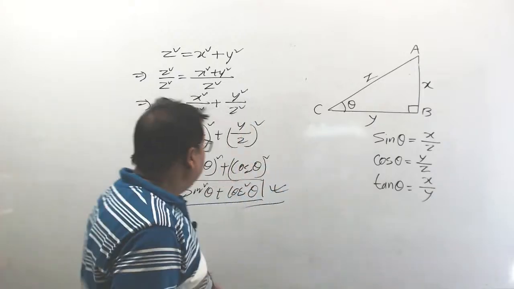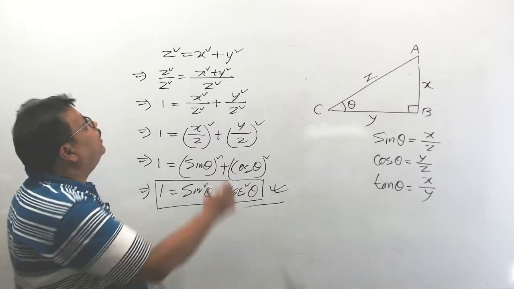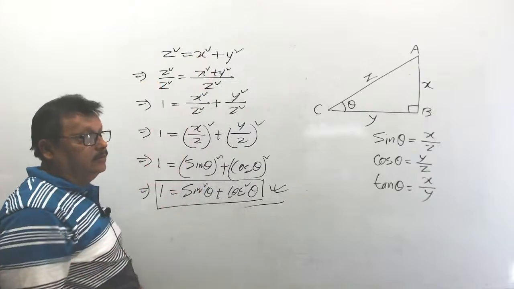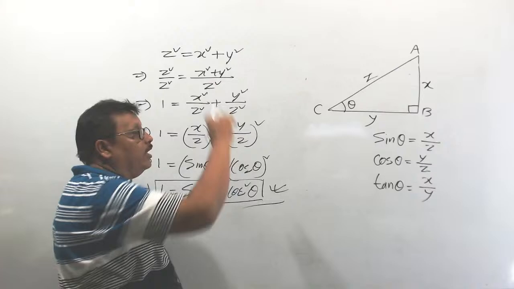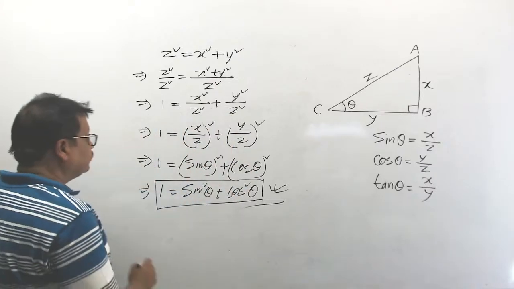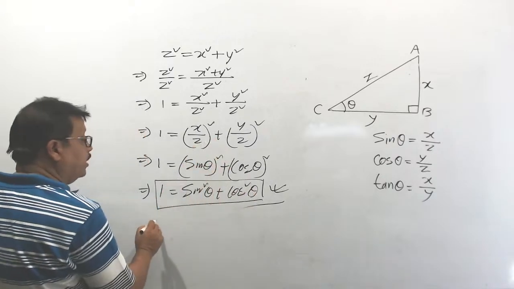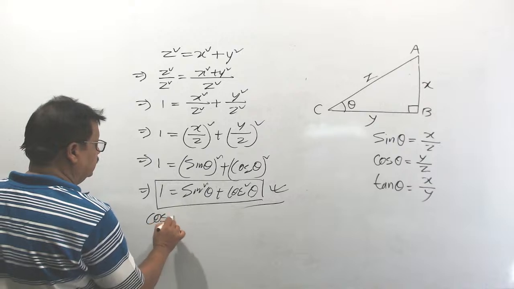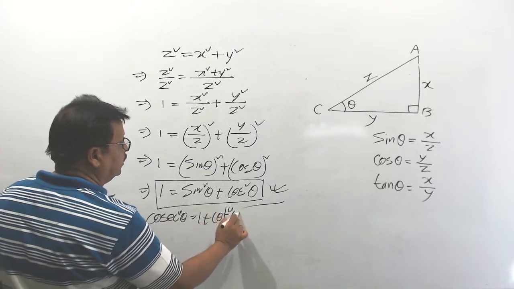Now, there is another formula. If you divide both sides by x square, you will get another formula. If you divide both sides by y square, you will get another formula. You got sin square theta plus cos square theta equal to 1. Another one I am writing here: cosec square theta equal to 1 plus cot square theta.